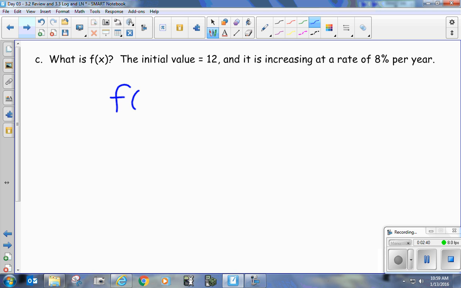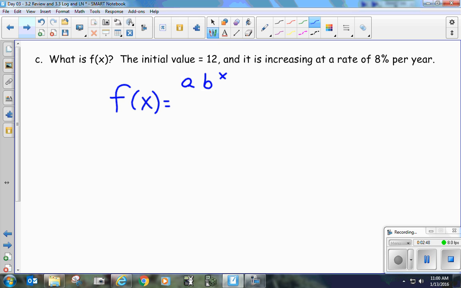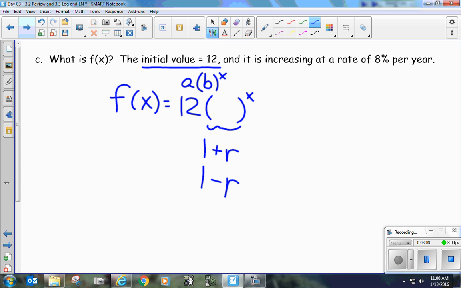What's f of x? What is it going to start with? 12. Our initial value goes a, b to the x, right? A is our initial value, and they say it's 12, so let's start with 12. We know it's going to be to the x. What goes into parentheses? Close. 1.4. Bam. In here, it's either 1 plus our rate or 1 minus our rate, whether it's increasing or decreasing.